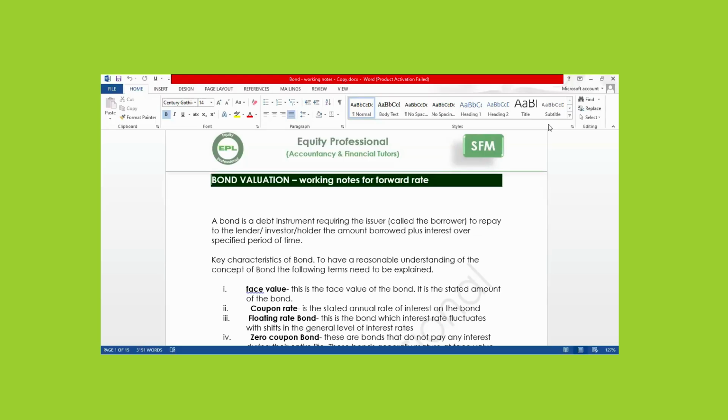So please note, if you are asked to explain bond, you can look at it from the perspective of the borrower. You can also explain from the viewpoint of the investors. All right? We have explained bond.